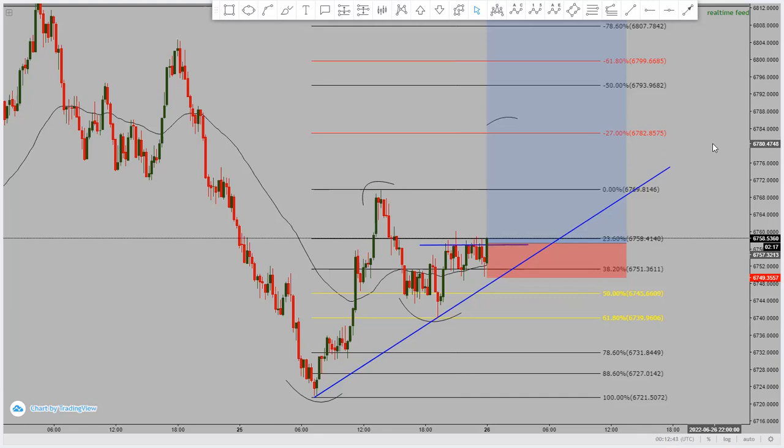So right now everything is on our side. The market structure is bullish on the smaller time frames. On the high time frames, we saw that we're coming from the bottom of the range and we're going to the top of the range. We are also seeing that our 50 exponential moving average is below the market. And we are also seeing some form of breakout like this.